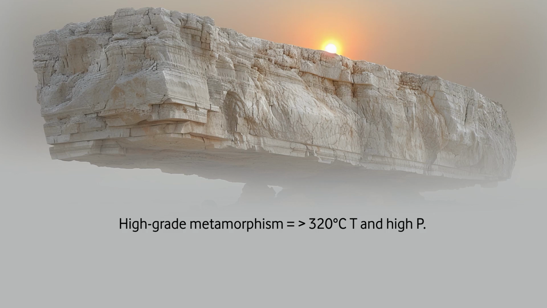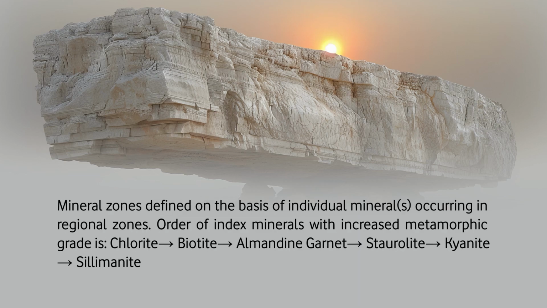The mineral zones are defined on the basis of individual minerals occurring in regional zones. The order of index minerals with increasing metamorphic grade is as follows: chlorite, biotite, almandine garnet, staurolite, kyanite, sillimanite.